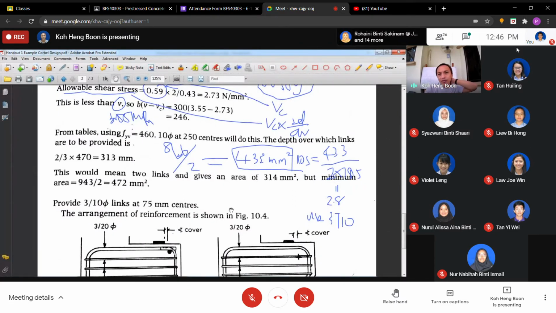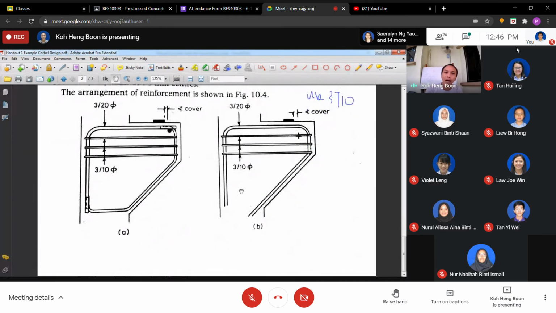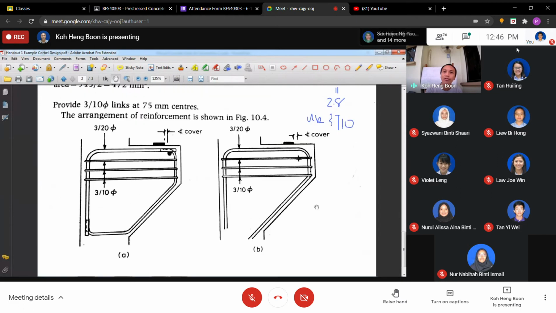Okay, less than 246, so we are not going greater than 246. Therefore, everything complies. So what we're going to do is provide something like this: here, this is 3T20, and this is 3 numbers of T10 as the link. This is our detailing.